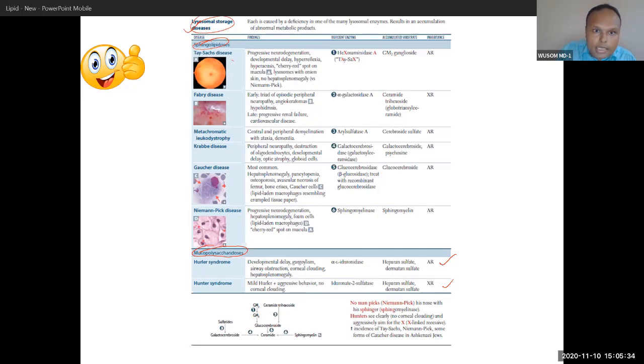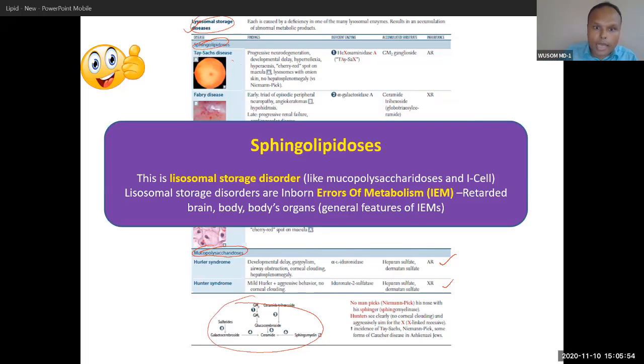Now, among these lysosomal storage diseases, we are going to talk about all these disorders. And here the metabolism is shown. We are going to talk in detail about the metabolism; you can read it yourself later after we complete. You can also consider this a summary. What does lysosomal storage disorder mean?